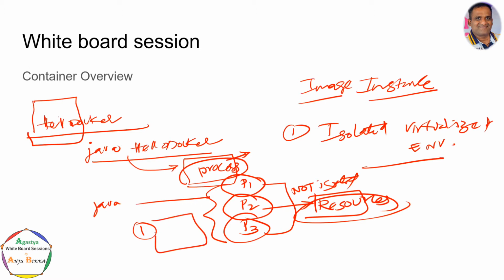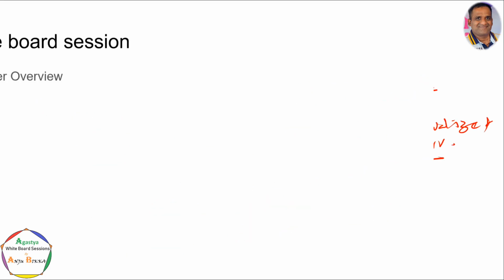They have one starting point, called the entry point, and an exit. They live for a particular period of time. They start at a particular point and they end at a particular point. This is about the process.